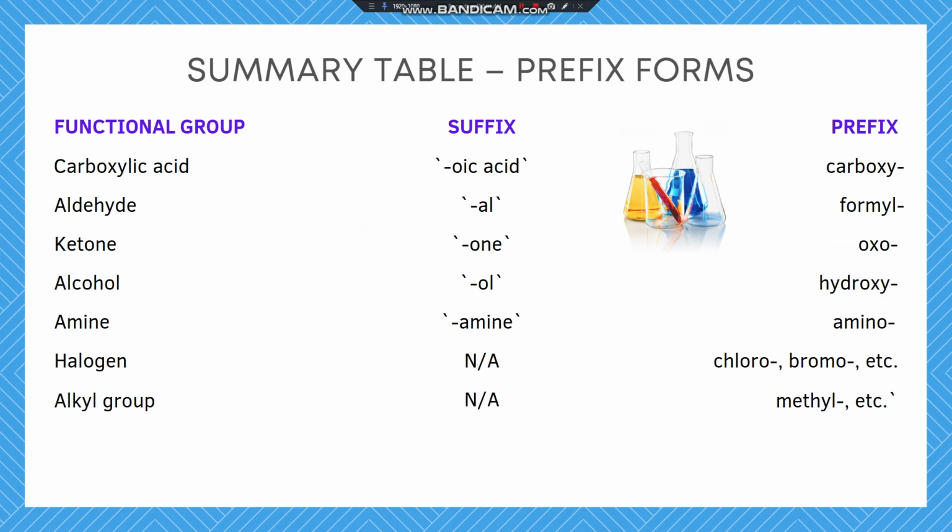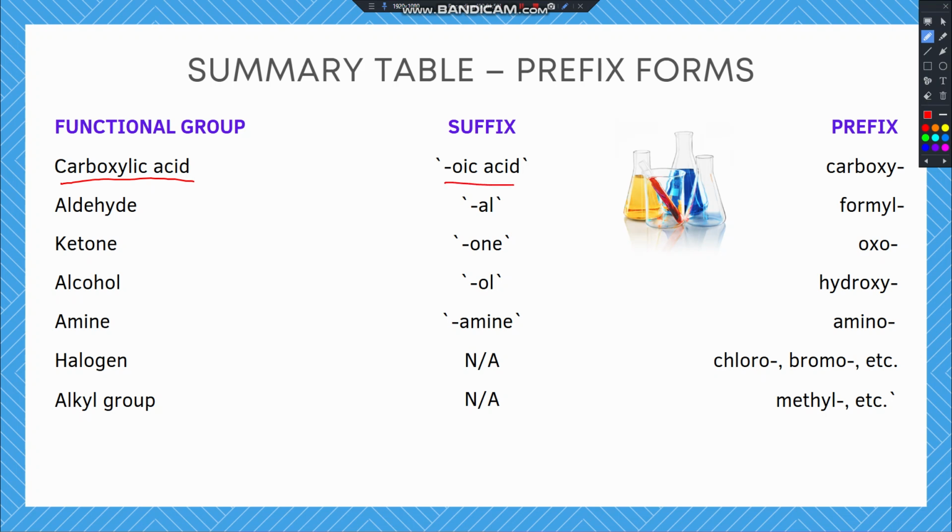Before we do, here is the summary table of all we've been saying for a while now. When you have the carboxylic acid functional group, you use the suffix oic acid. If it is a prefix, which is not common, you use the name carboxy. Remember, the carboxylic functional group has the symbol COOH.